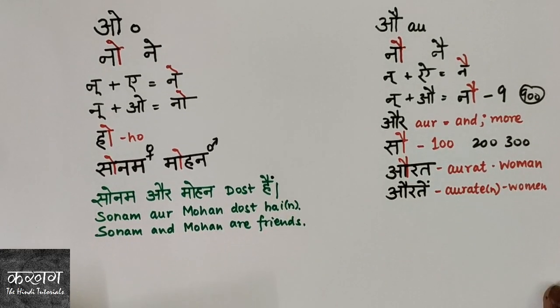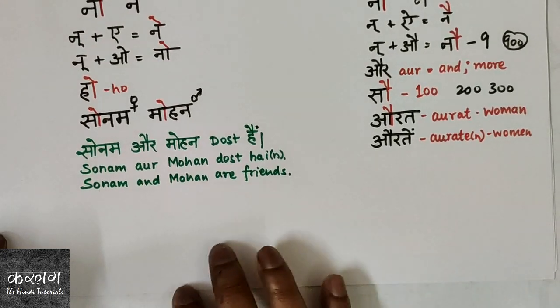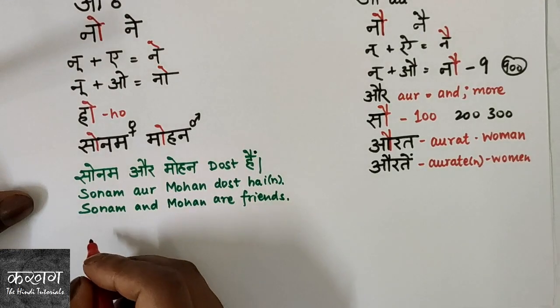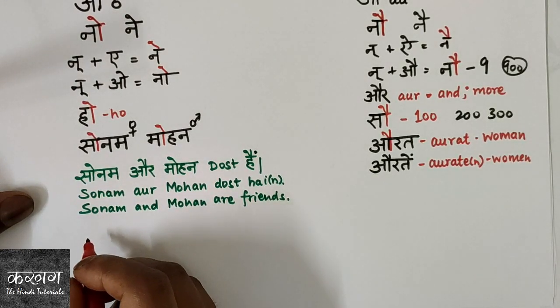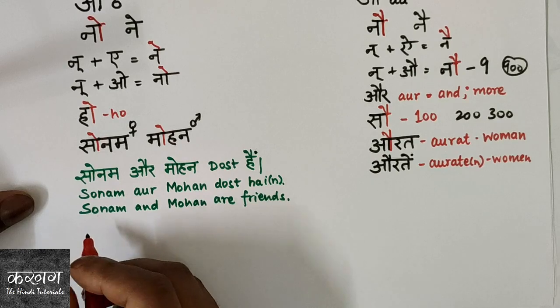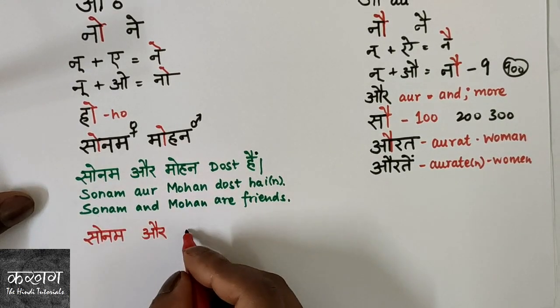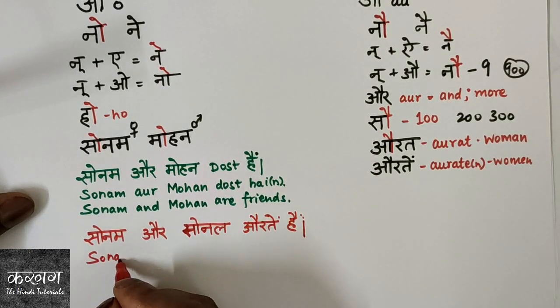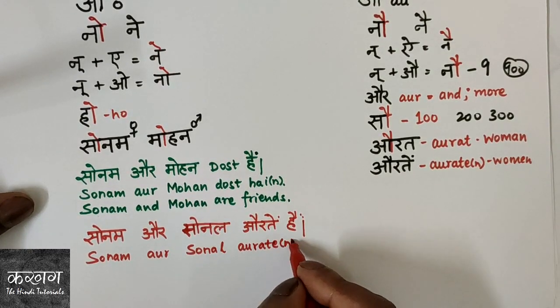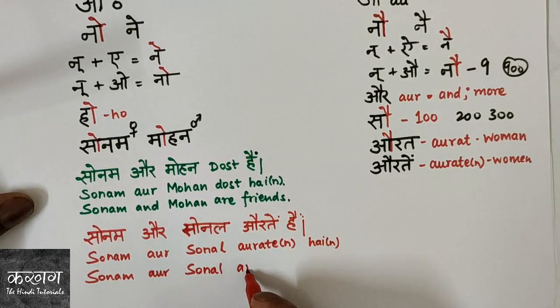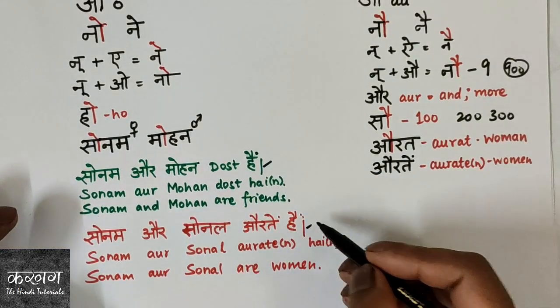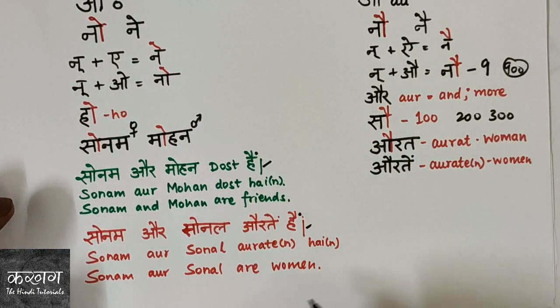Now we can say, Sonam aur Sonal aurtein hain. So here we see that in the case of plural we have used hain, and aurtein means women.